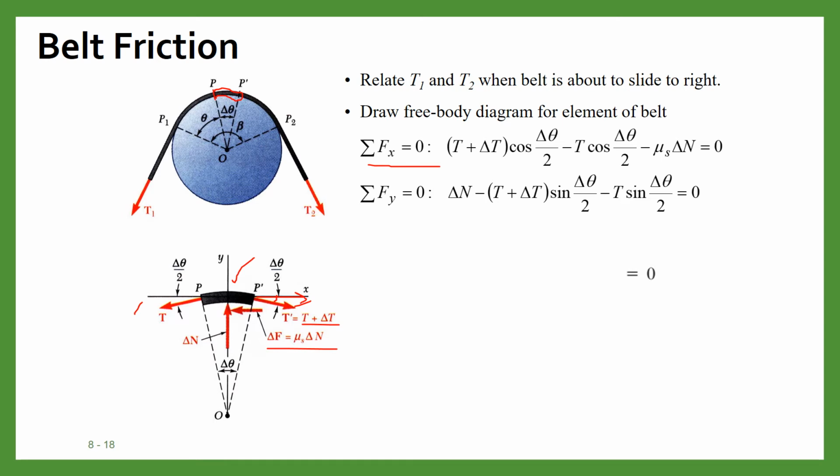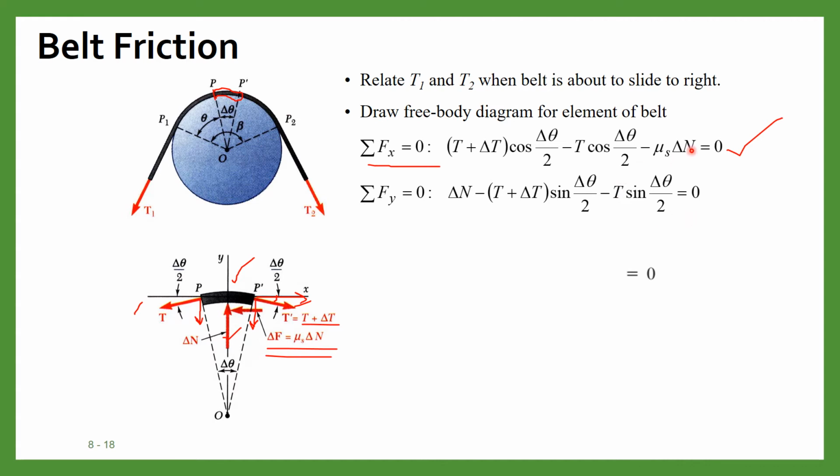Similarly, we have minus T cos theta by 2 and minus this is the frictional force which is also in the x direction. Similarly, you can write for y: delta n is the force and we will have two components, one is this and another is here. So our equation becomes this.